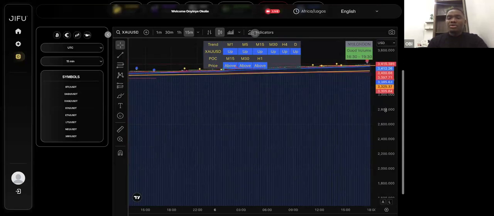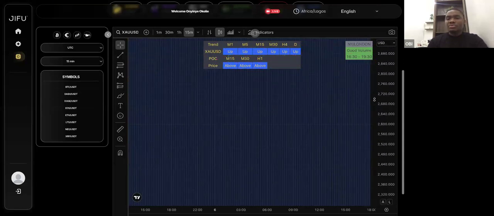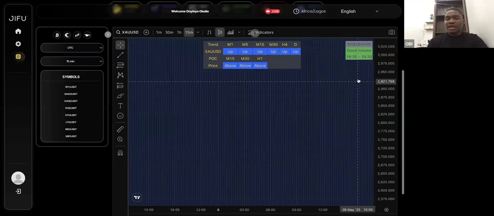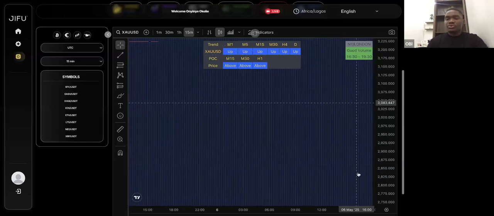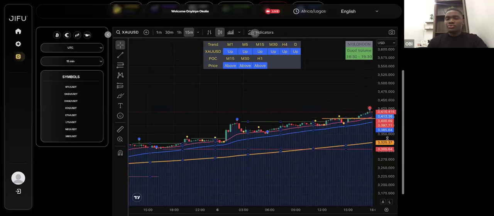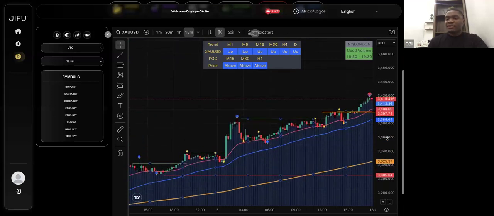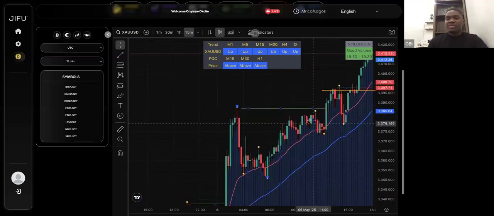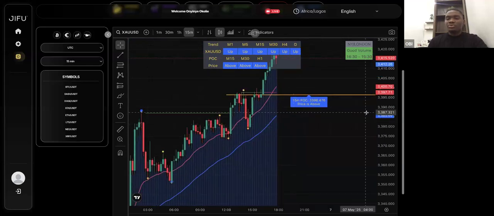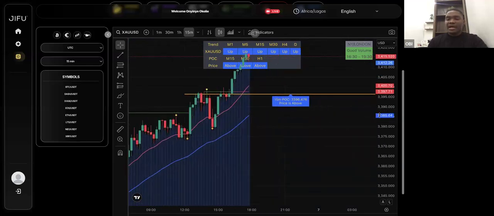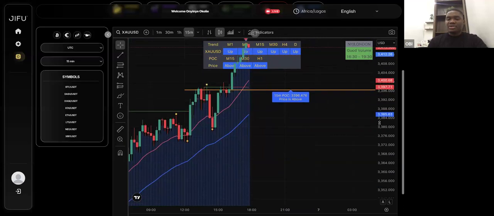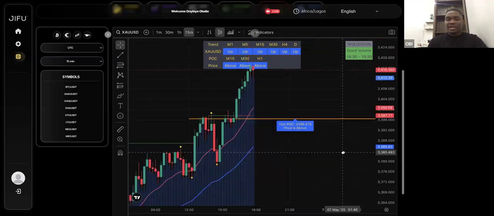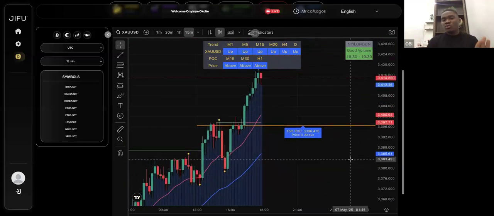Remember that when you begin to use Qshot, it's sometimes going to be a bit tricky for you to expand and see everything that is being shown over here, right? So you must always use your laptop to be able to expand and see everything. Now, this is gold on a 15 minutes time frame.